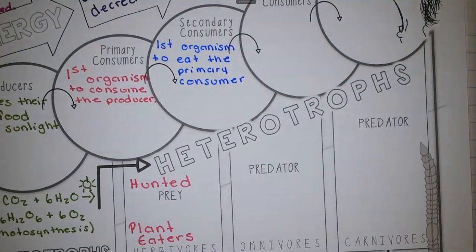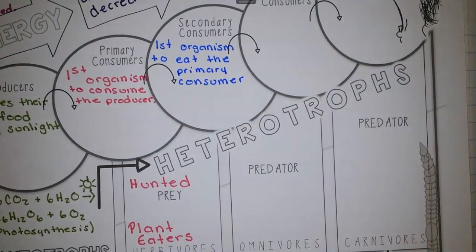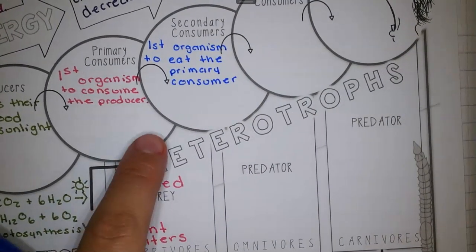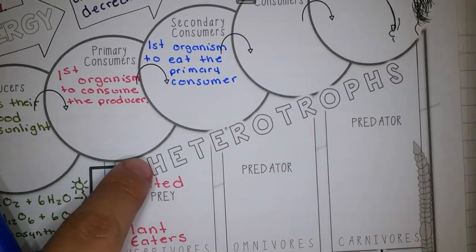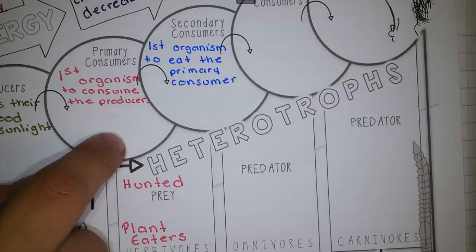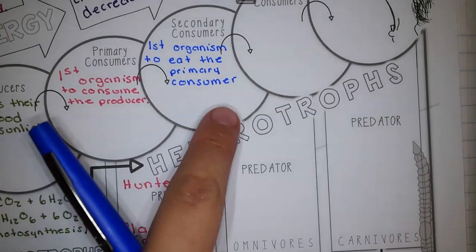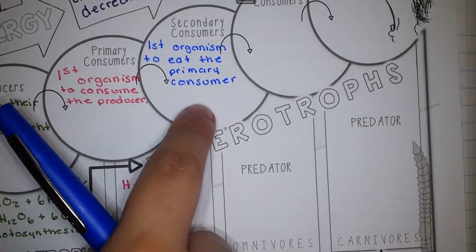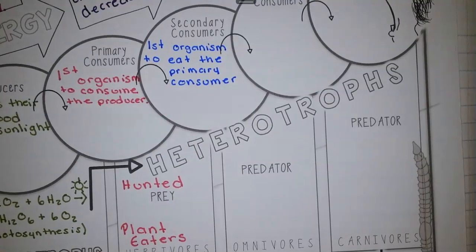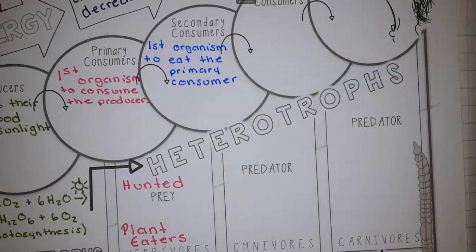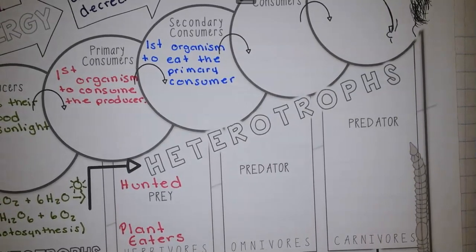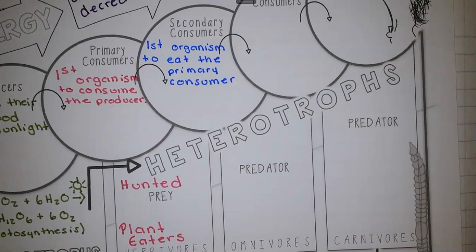Let's say our producer is the grass and our primary consumer is a grasshopper. The organism that will eat the grasshopper will be a frog, and our frog is a secondary consumer. Our secondary consumer is considered a hunter predator.